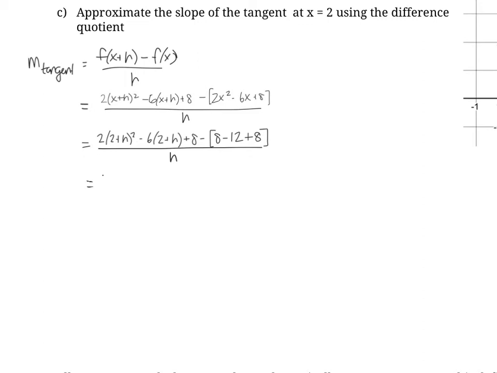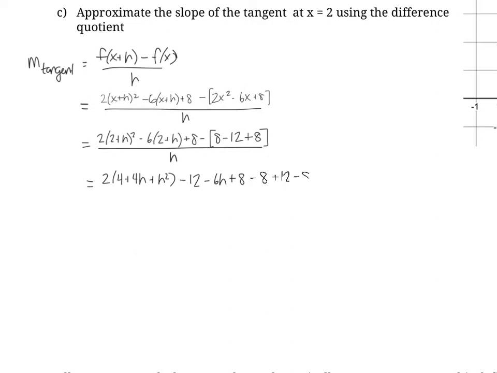All right, now let's continue. So the first brackets here is going to be simplified as 2 times (4 plus 4h plus h squared), minus 12 minus 6h plus 8 minus, now I'm not going to cancel anything out yet or simplify anything over here, just because I want to show you what's going to happen.